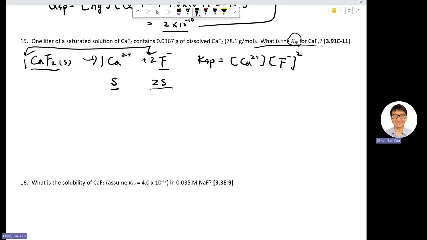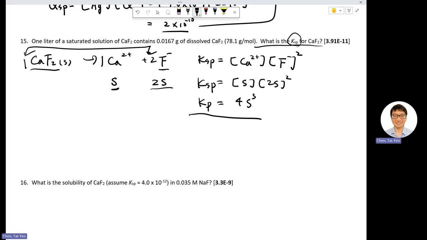Okay, therefore you write 2S here. With that being said, you know your KSP will equal S times (2S) squared, right? So once you have this, what you're going to have is 4S cubed. So your KSP can be computed with this 4S cubed equation.